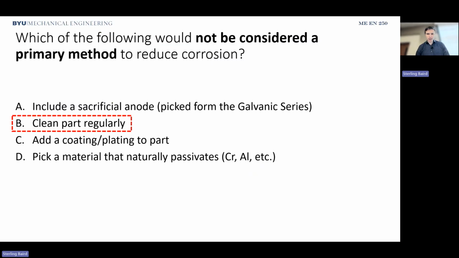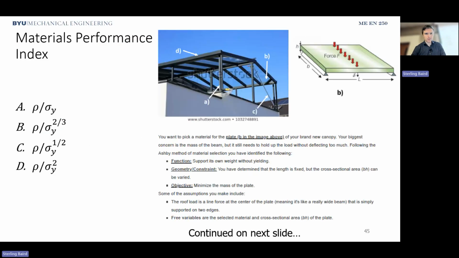So with that in mind, I think it's worth jumping over here. Materials performance index. You want to pick a material for a plate. This is plate B in the image above, or a new canopy.